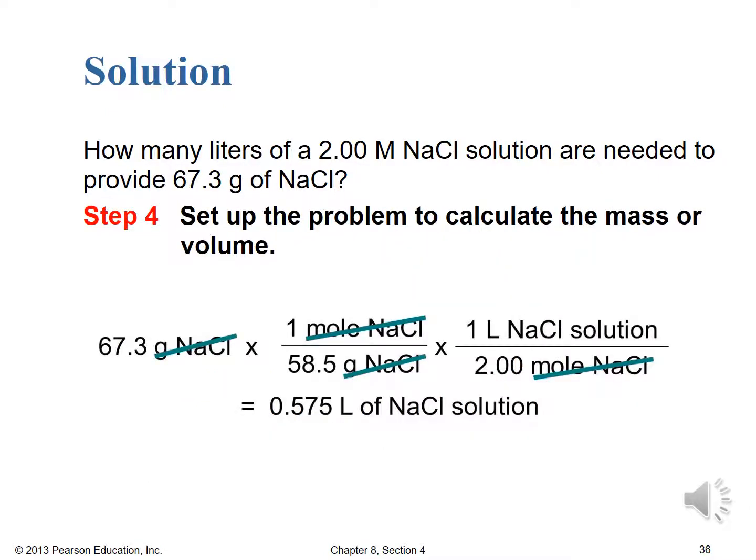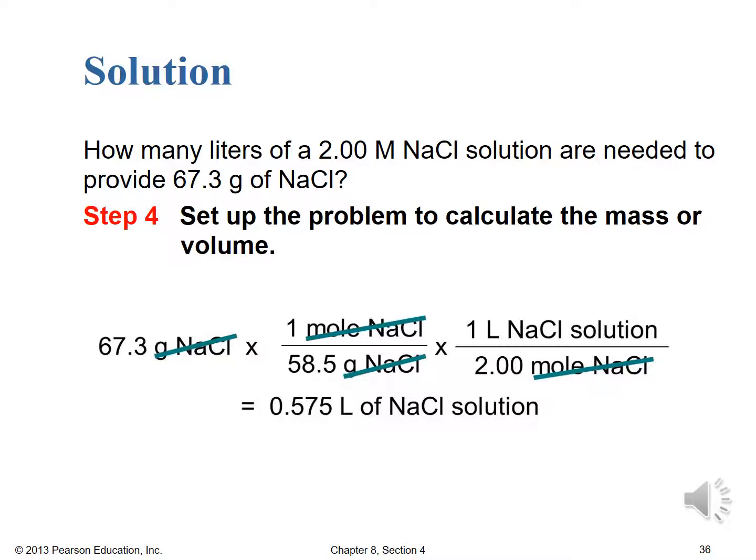Okay, so finally here we are with step 4, set up the problem to calculate the mass or the volume. In this case, we're looking for volume. And so we take our 67.3 grams of NaCl, we multiply that by 1 mole of NaCl over 58.5 grams of NaCl, because obviously that's going to let us cancel grams of NaCl, so that's the correct form.